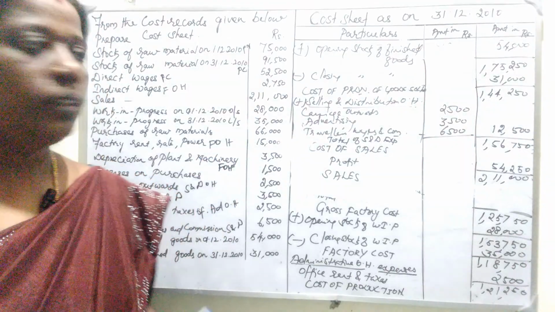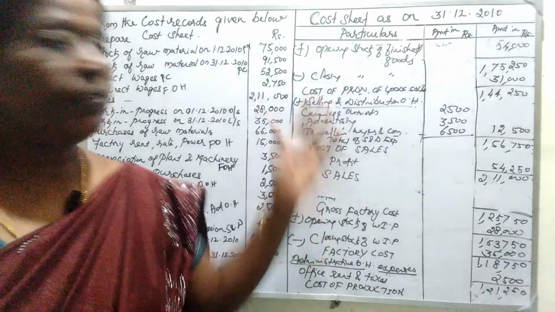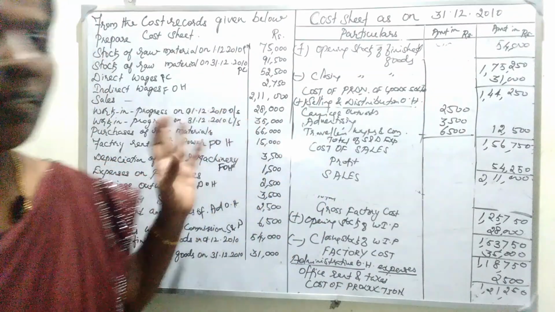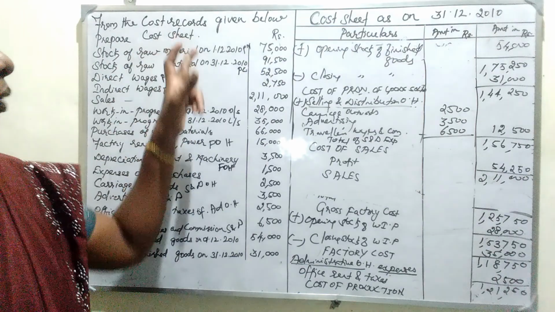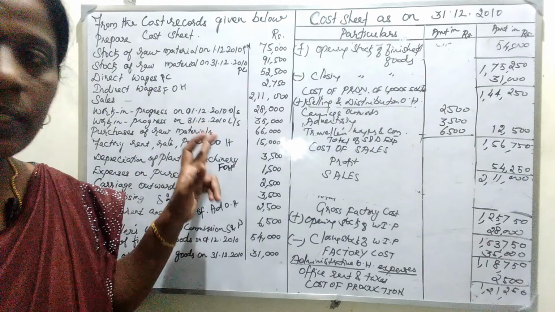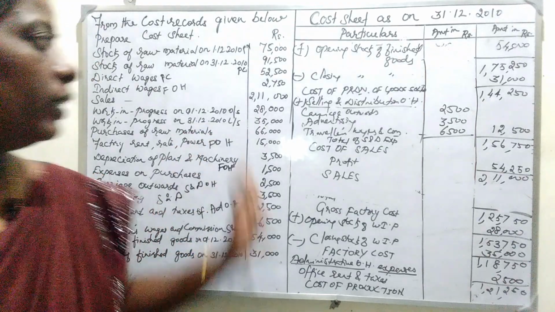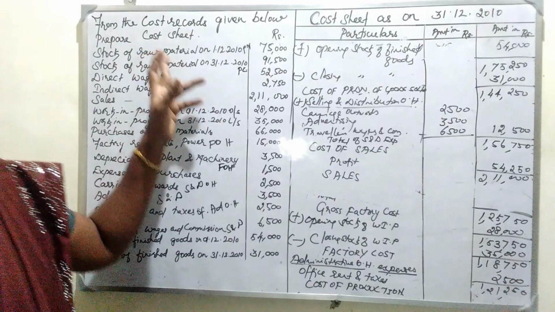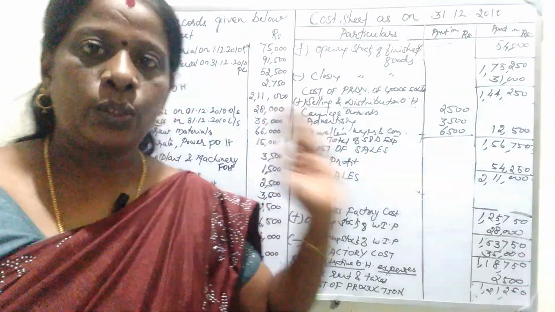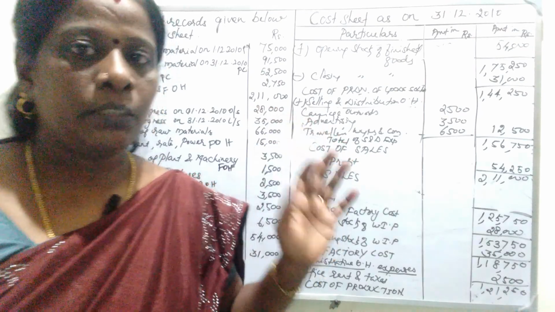Okay, so this is the cost sheet format with the inventories. So we clearly know where we have to adjust the opening and closing stock of raw material, opening and closing stock of work in progress, and opening and closing stock of finished goods. The opening and closing stock of raw material have to be adjusted at the start, when we are finding the raw material consumption.